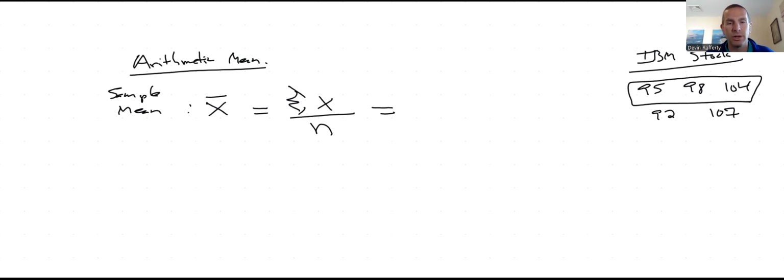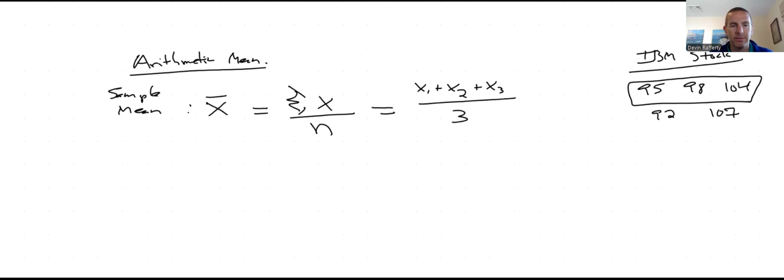This would be X1 plus X2 plus X3 divided by 3. I have one observation, two observations, three observations in my sample. And then what I'm going to do is add up the value of Monday, the value of Tuesday, and the value of Wednesday.